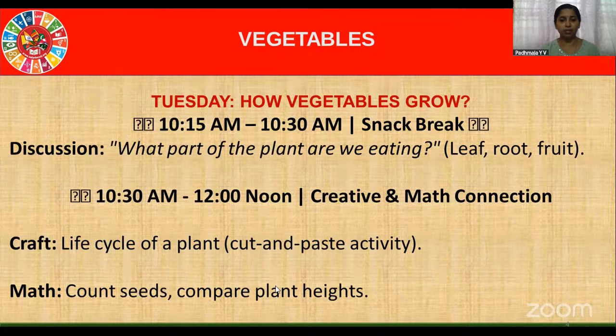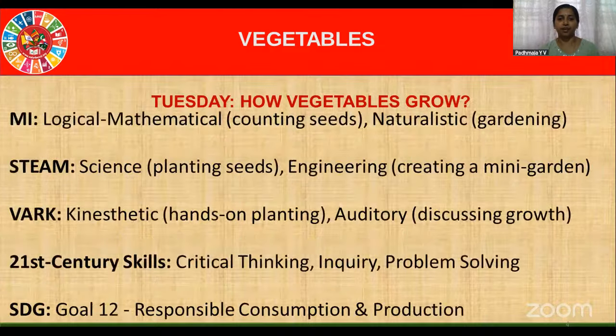This is all about the second day. What we have included, when it comes to multiple intelligences, is logical, mathematical, naturalistic, while they are counting the seeds, while they are measuring.